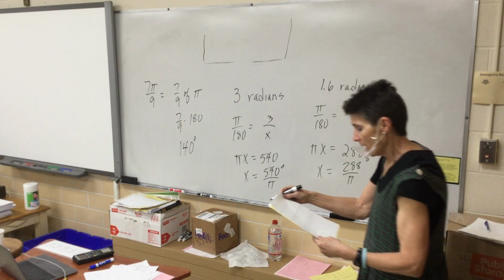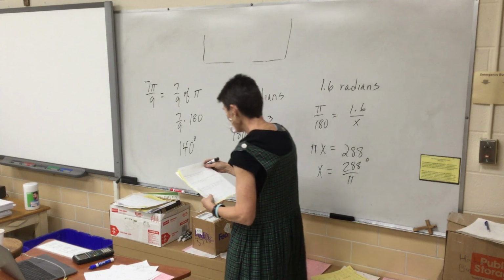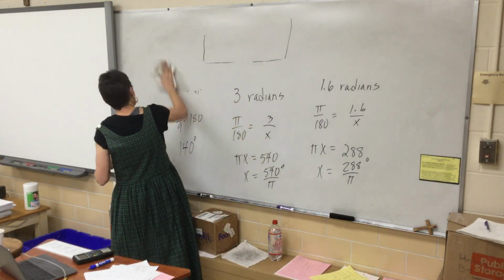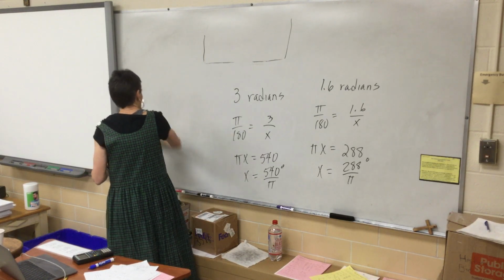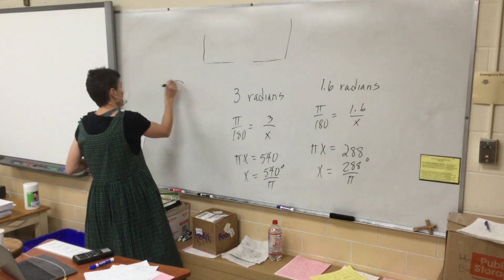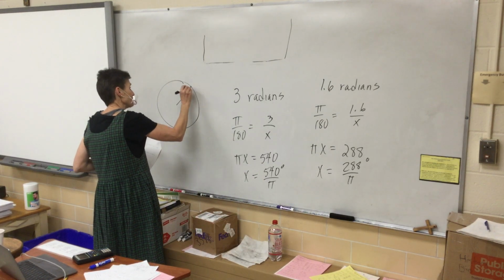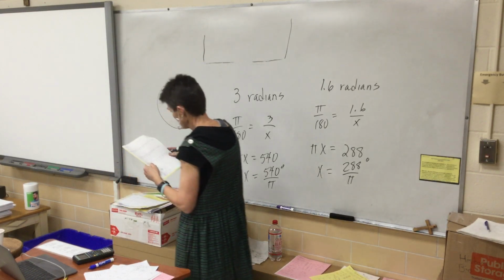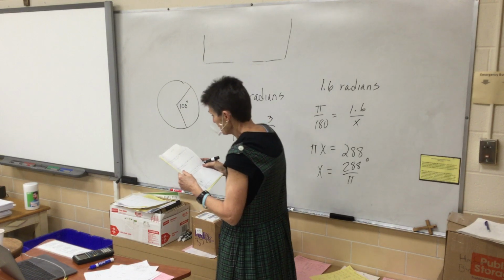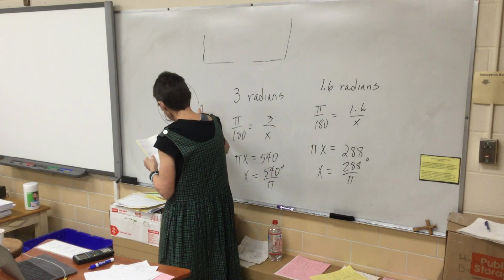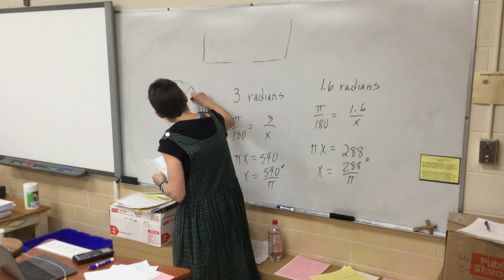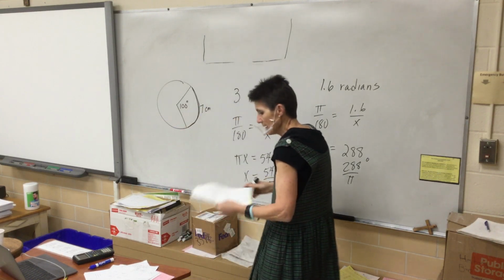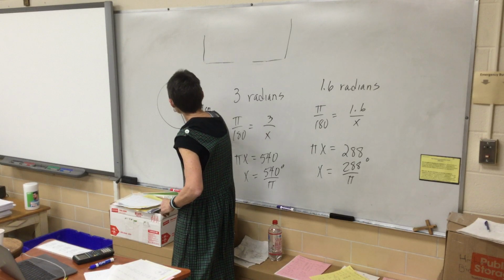6a. A 100-degree arc of a circle has a length of 7 centimeters. So let's draw a picture of it. So we have a circle, and we have a central angle of 100 degrees. And the length of the arc is 7 centimeters. So this right here, this is the arc length. That's 7 centimeters. And we want to know what is the radius of the circle.